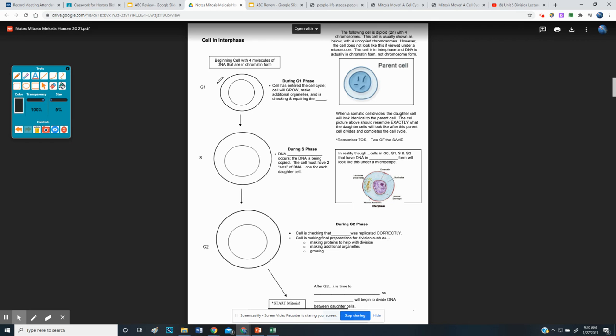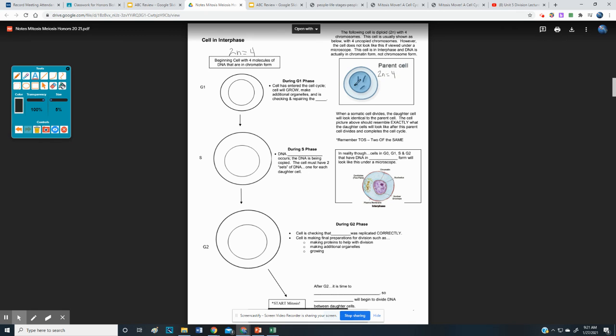So here I have a cell, and this cell, we're going to say its diploid number is 4, okay? So that means that this cell is supposed to have 4 chromosomes in all of its body cells. Now, sometimes you're going to see the DNA shown in chromosome form, like I have here in this cell. So this is just another way to show that it has 4 chromosomes, as I can draw 4 chromosomes in it.